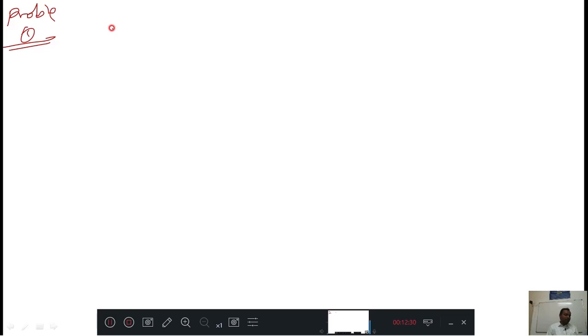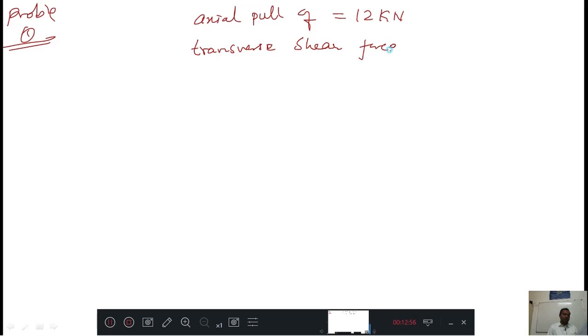A bolt is subjected to an axial pull of 12 kilonewton together with a transverse shear force of 6 kilonewton. Determine the diameter of the bolt.